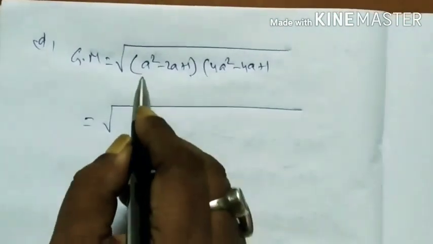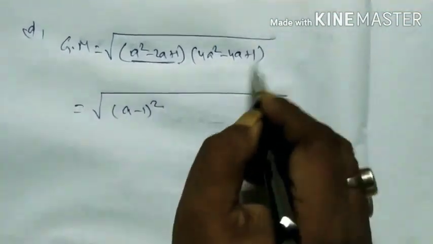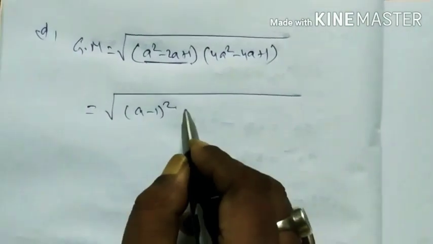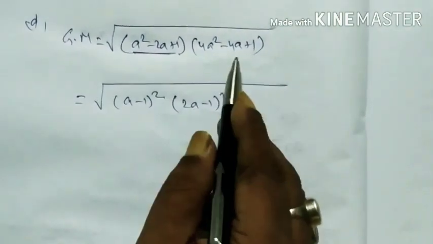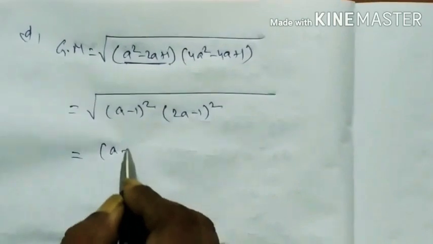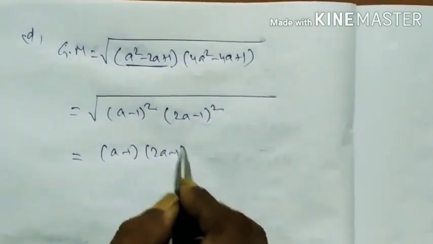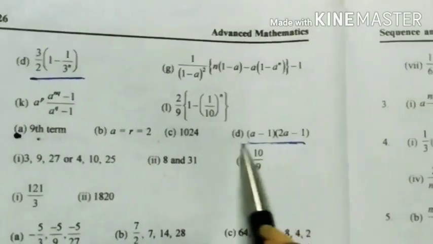See, this is the formula of a minus 1 the whole square, and this is the formula of 2a minus 1 the whole square. So you get a minus 1 times 2a minus 1. This is your answer. Let me show the answer. Here you see a minus 1 times 2a minus 1.